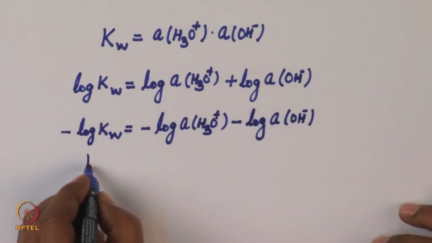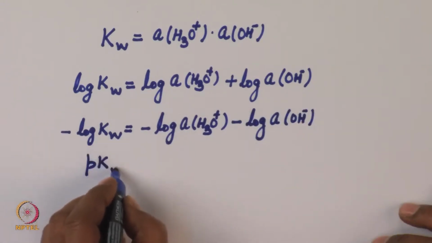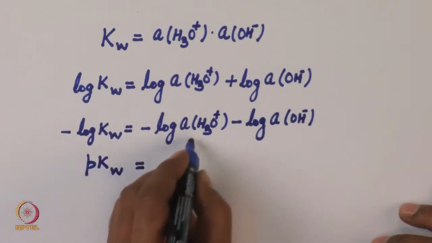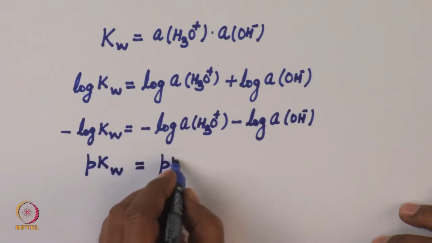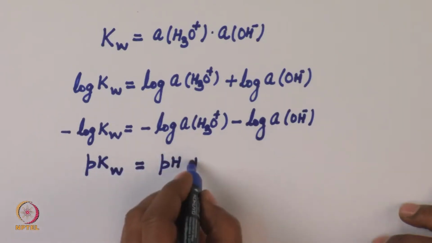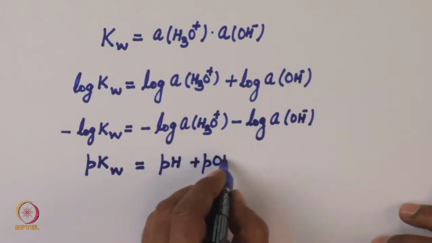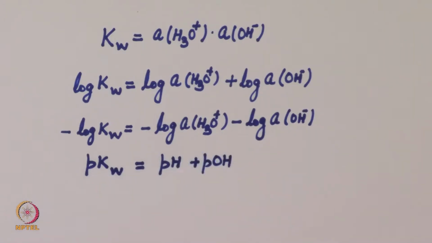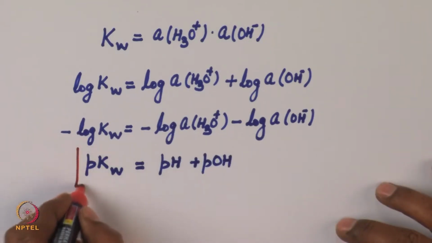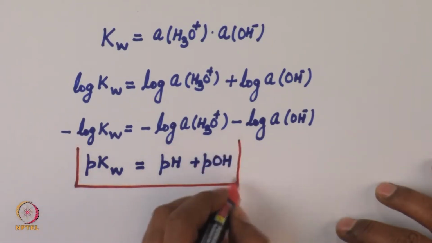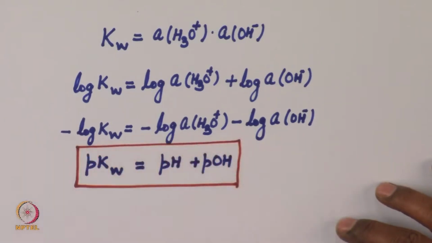This is pKw, this is pH, and this is pOH. So, you see, we develop a very important relation, pKw is equal to pH plus pOH.